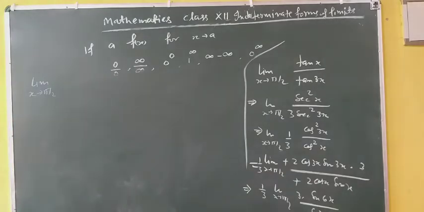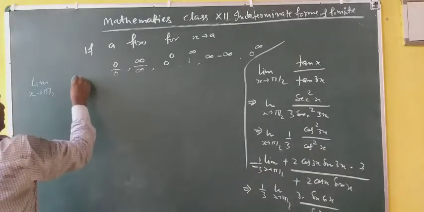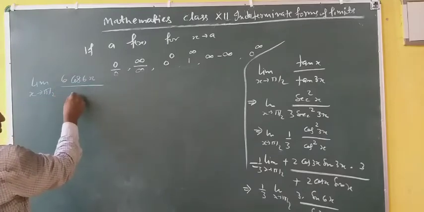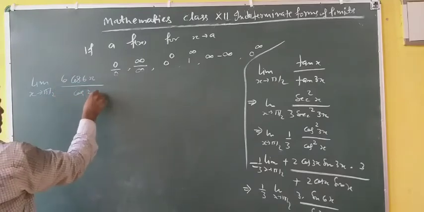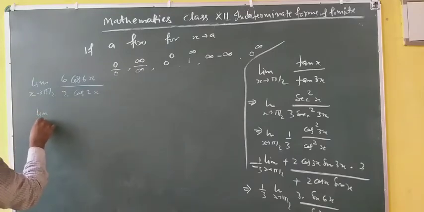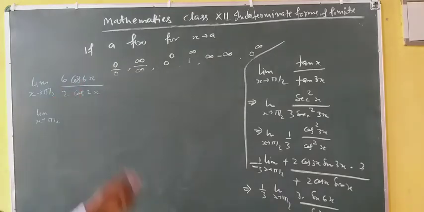Differentiation of sin 6x is cos 6x into 6 upon cos 2x into 2. Now limit x tends to pi by 2. Just check whether you are getting an indeterminate form or not.